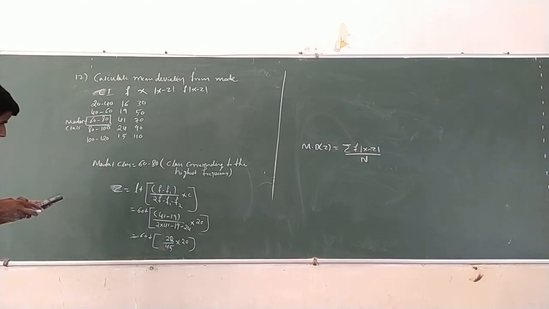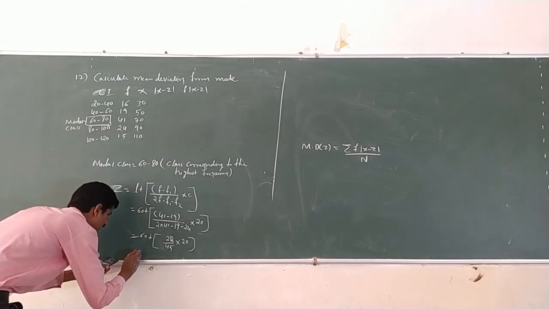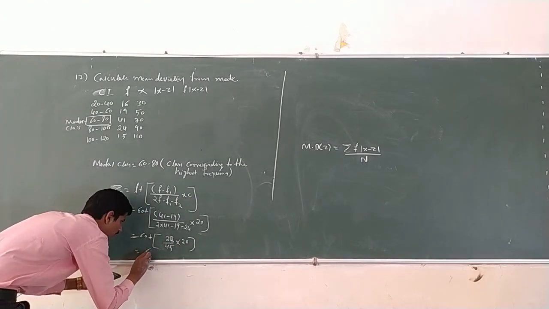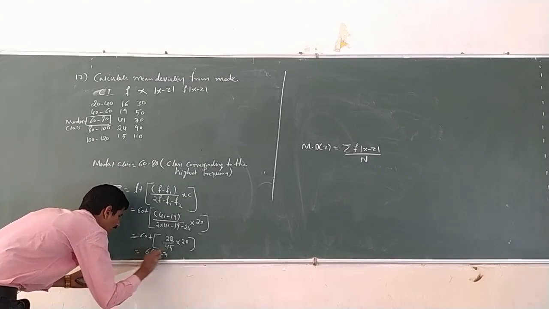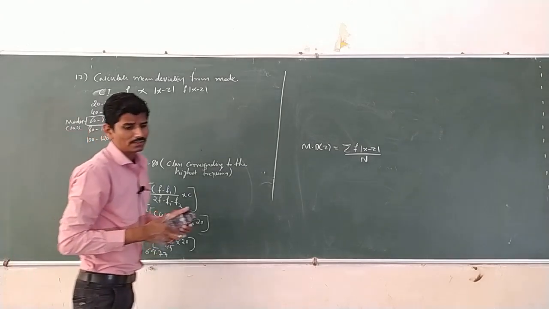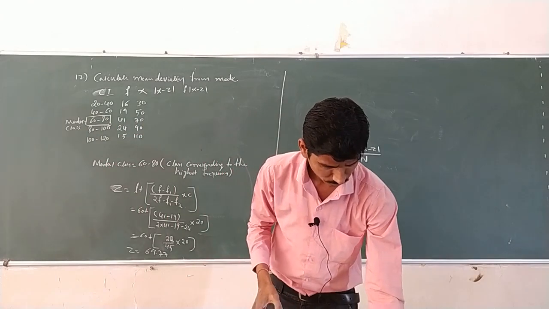Here 22 divided by 45, then we will get 0.48 into 20, that is 9.77, plus 60 is 69.77. Here z equal to what? 69.77.